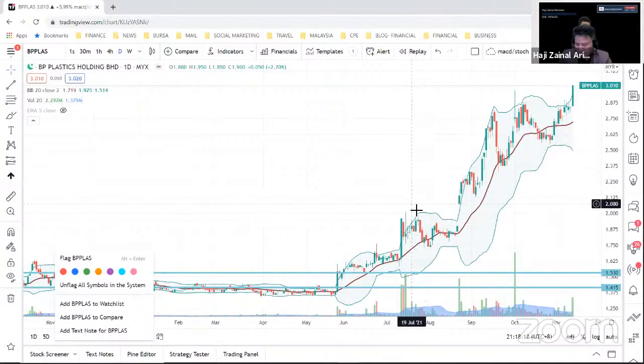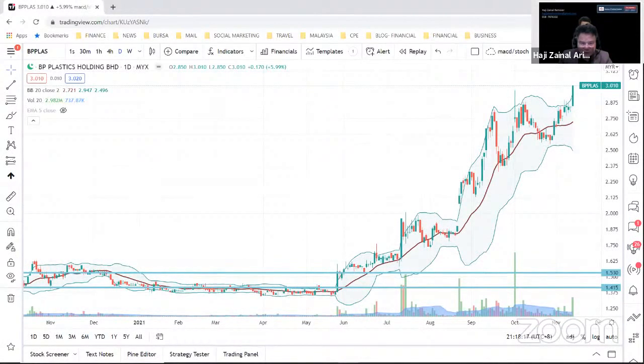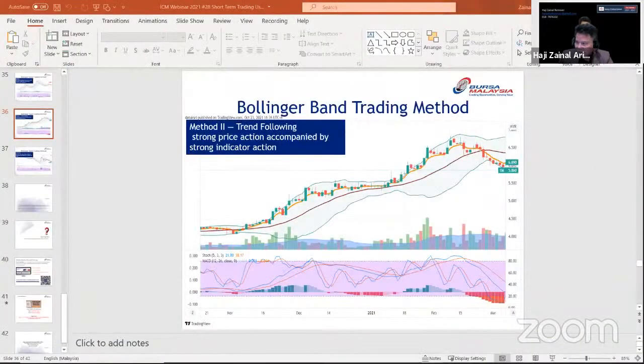Somebody asked me to repeat method 2. Where is it? Okay, all right, let me share again, because this one is slightly different.